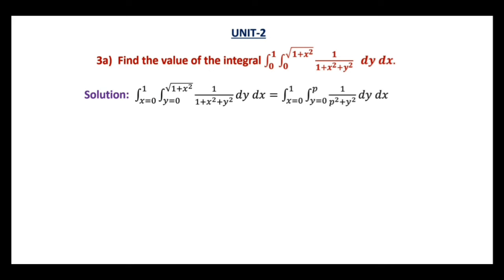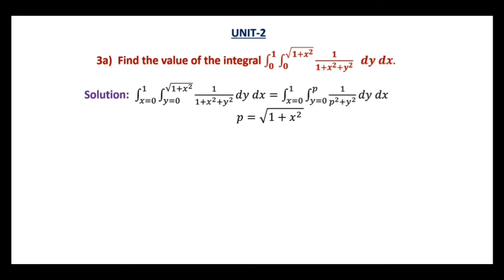So these limits belong to y and the constant limits are for x. So integrate partially with respect to y while x can be treated as a constant. Here we have made square root of 1 plus x² as p. We have the integral 0 to 1, integral 0 to p of 1 by (p² plus y²) dy dx.